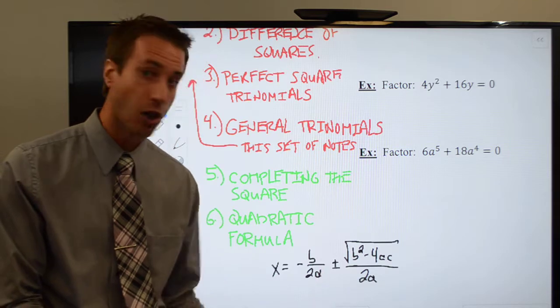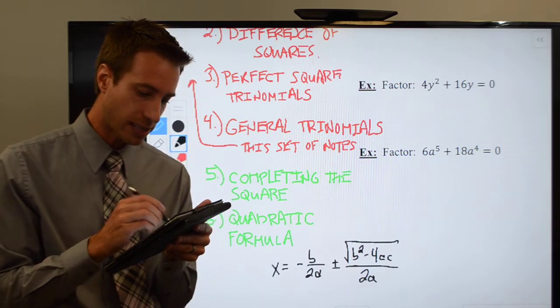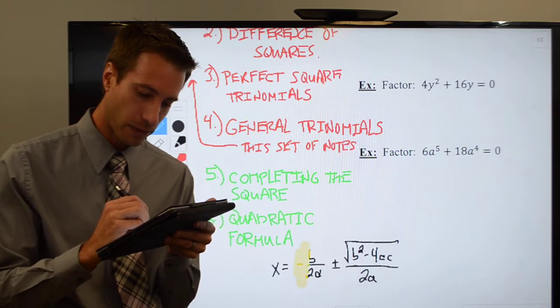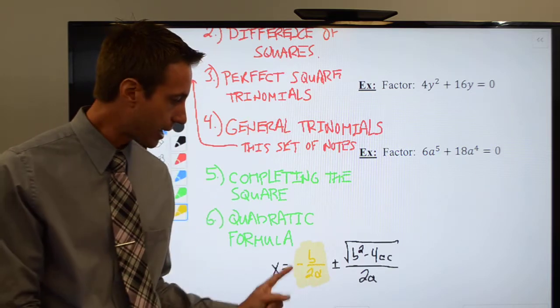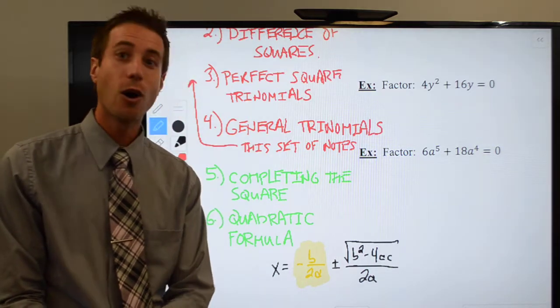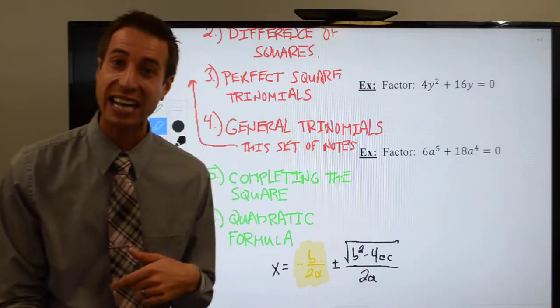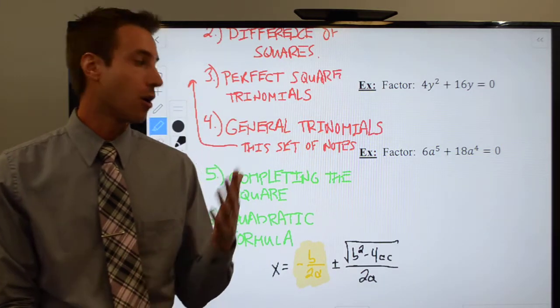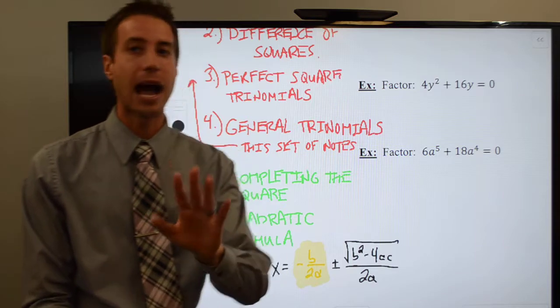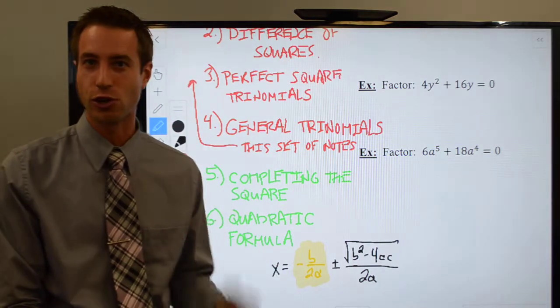I like this one a lot better, and it's because, based on the sections we just looked at, you should recognize that negative b over 2a. Oh yeah, that negative b over 2a was how we found our axis of symmetry. Holy cow, are you kidding me? You mean that? Absolutely. We'll get to that when we get to the quadratic formula. I'm super excited to show you how all that works.